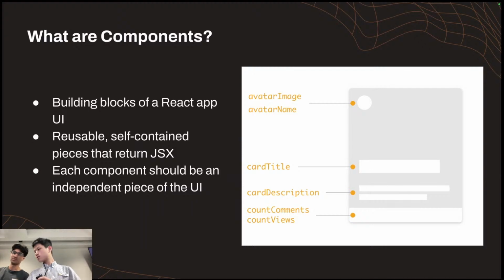So components in more detail. Components are the building blocks of a React app UI. And like Justin said, they're reusable and self-contained pieces that return JSX. Each component should ideally be an independent piece of UI. For example, in that diagram you can have an avatar, image and name, and a card title and description.